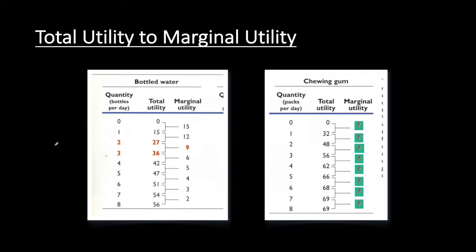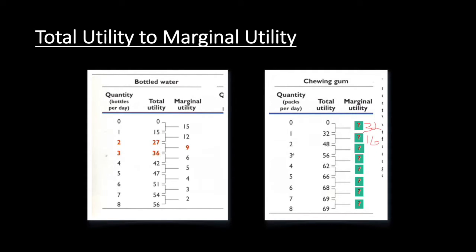So as I go from 0 packs of gum to 1 pack of gum, my total utility goes from 0 units to 32. My marginal utility would be 32. As I go from 1 pack of gum to 2 packs of gum, my total utility increases from 32 to 48. My marginal utility would be 16.